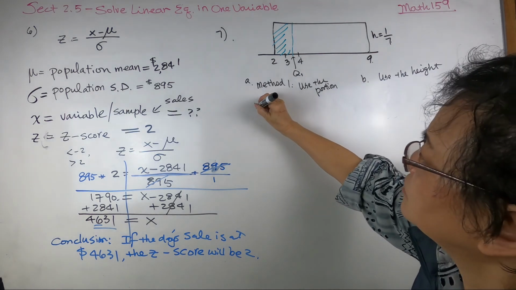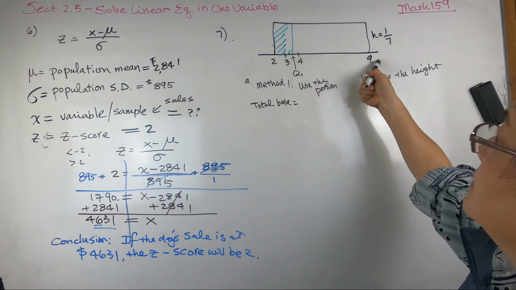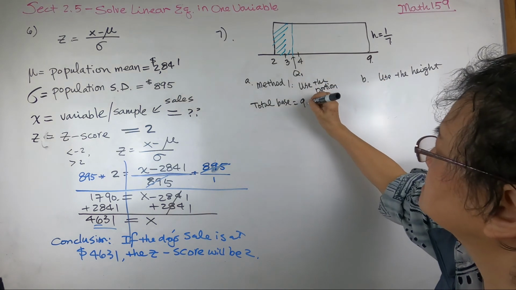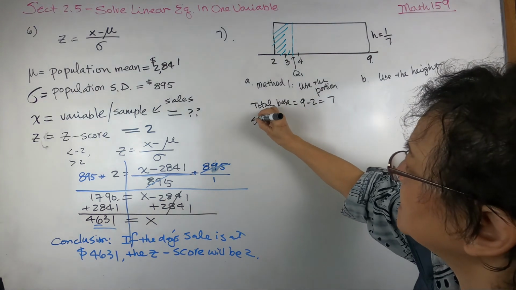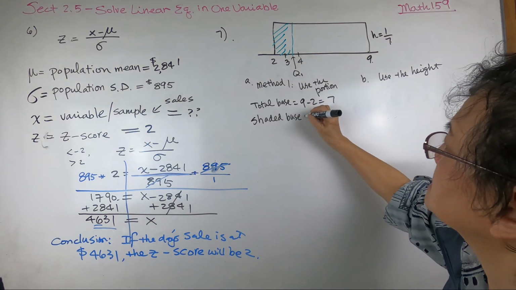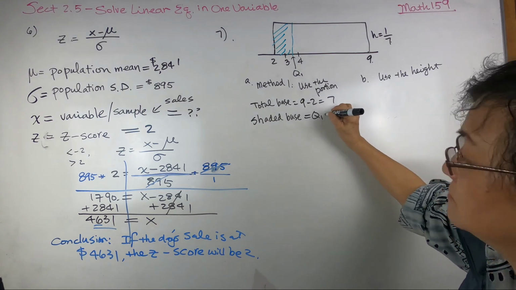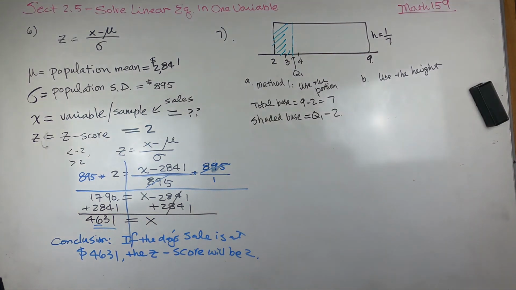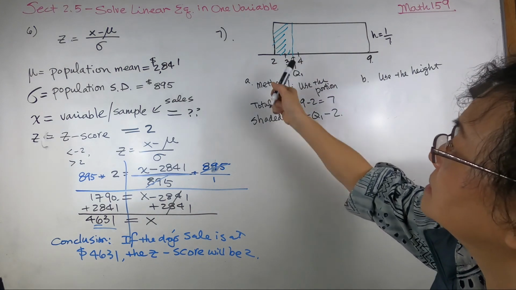So my total base is what? The total base is from 2 to 9, so it's 7. Right? Then the shaded base is what? The shaded base is from 2 to Q1. It's Q1 minus 2. The area is what?